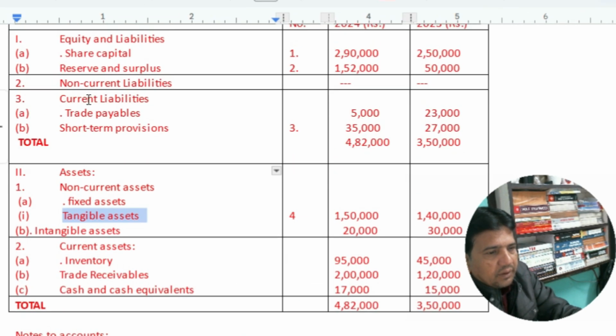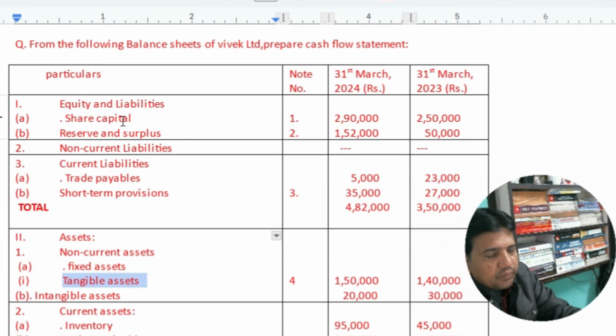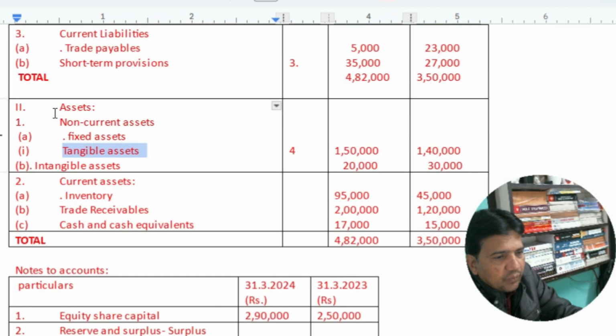Share capital is always financing activities, and non-current liabilities are always part of financing activities. So items in non-current liabilities we transfer to financing activities, and non-current asset items, whether tangible assets or non-current investments, we transfer to investing activities.